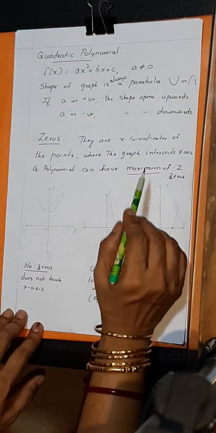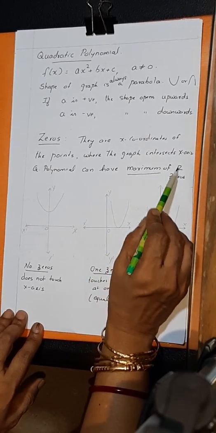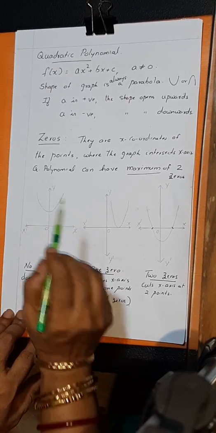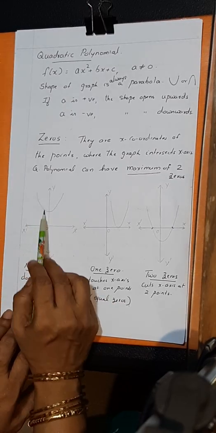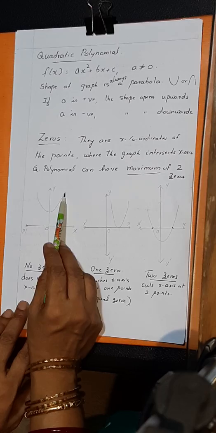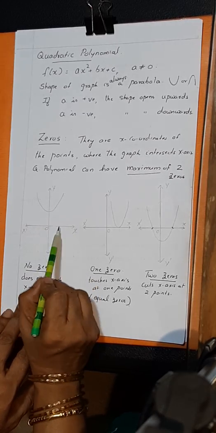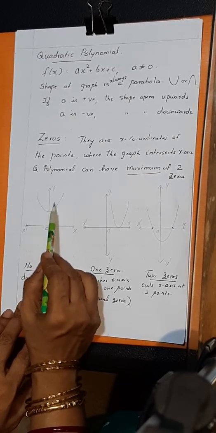It is not exactly 2 zeros, it can have a maximum of 2 zeros. That means it can have no zeros, 1 zero or 2 zeros. See this figure, this is a quadratic polynomial. It can be upwards or downwards. I have just drawn one figure.